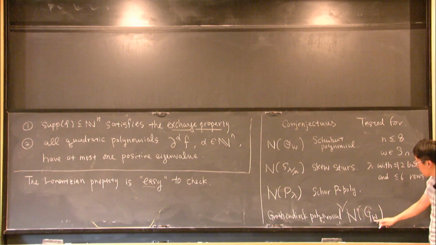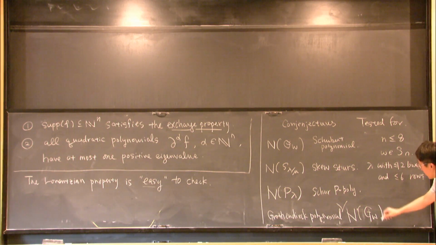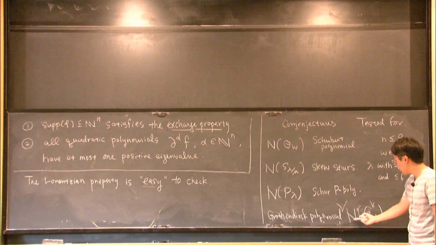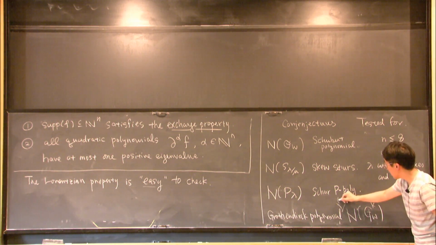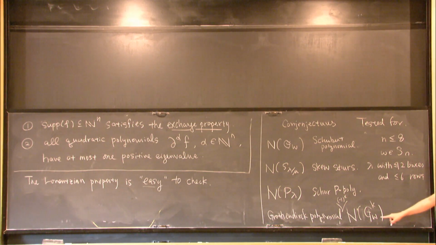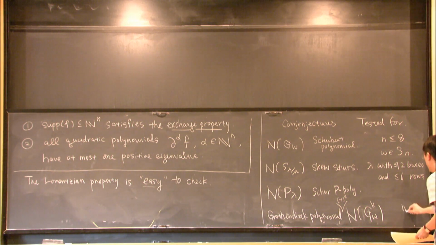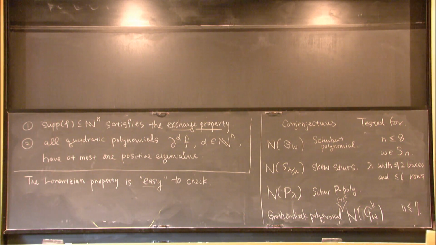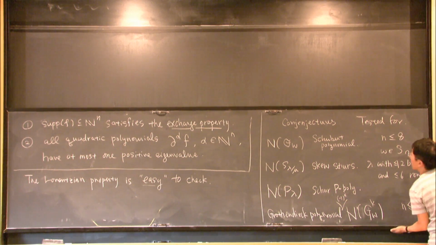This is not a homogeneous polynomial, so what I'm going to do is take the homogeneous component in degree k, and then it will be alternating in sign, so I put (-1)^k here. The conjecture is that each of the normalized homogeneous pieces is Lorentzian. This is checked for all permutations with 7 letters.